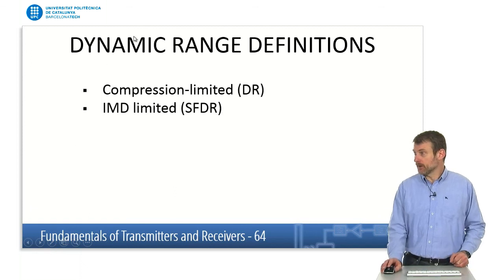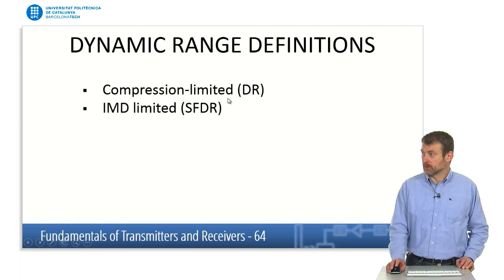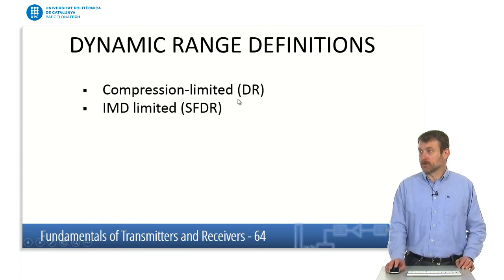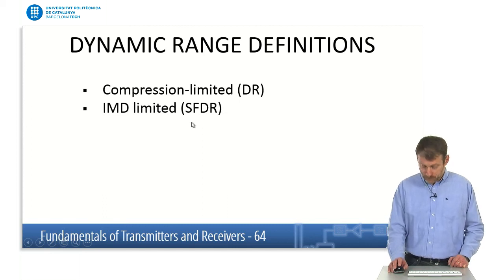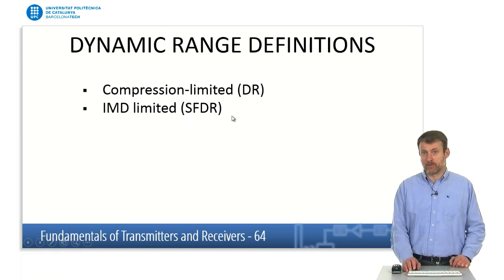But in general, there are two types of dynamic range that are used through the literature. One of them is the dynamic range limited by compression, and the other one is the dynamic range limited by intermodulation. And this is typically called the spurious free dynamic range. Let's see both of these.